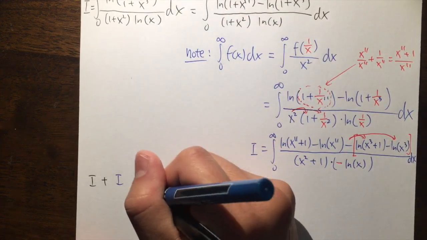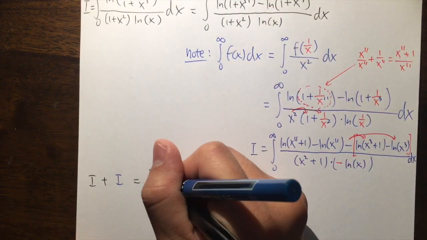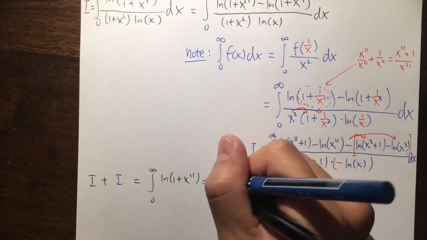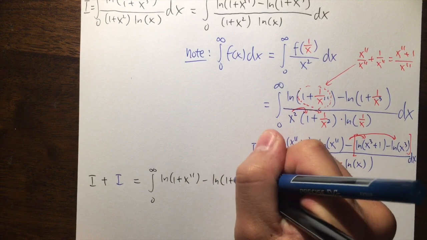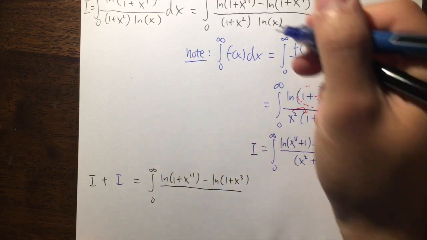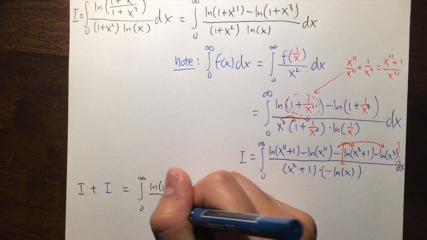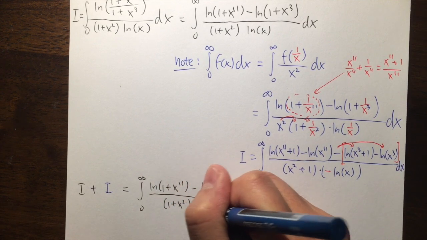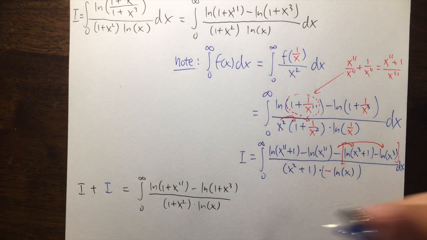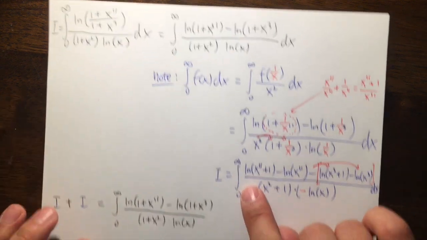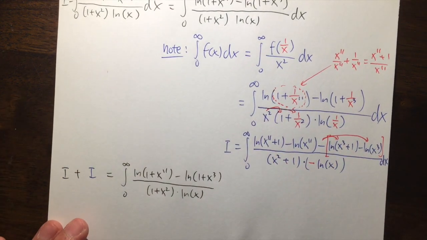I'm going to write this down for the I in black. I have the integral going from 0 to infinity, ln of 1 plus x to the 11th power minus ln of 1 plus x to the third power over this for the denominator, which is 1 plus x squared times ln x. Because these two integrals have the same limits of integration, I'm going to put the blue integral inside here as well.